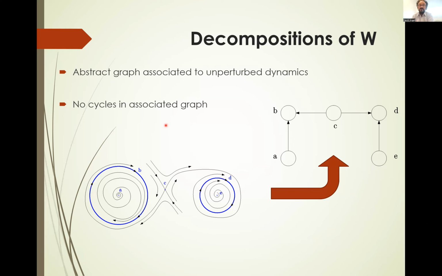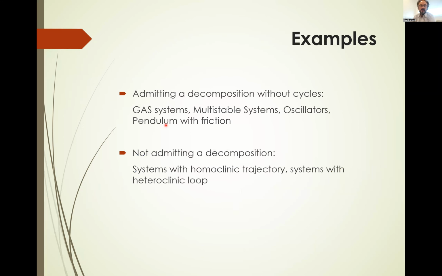It holds for many, many examples of interest, such as van der Pol oscillators, or pendulum with friction, or multi-stable systems. They all have phase portraits which have a graph associated to them which has no cycles. It's in fact a rather simple graph. So all of these examples admit a decomposition without cycles.